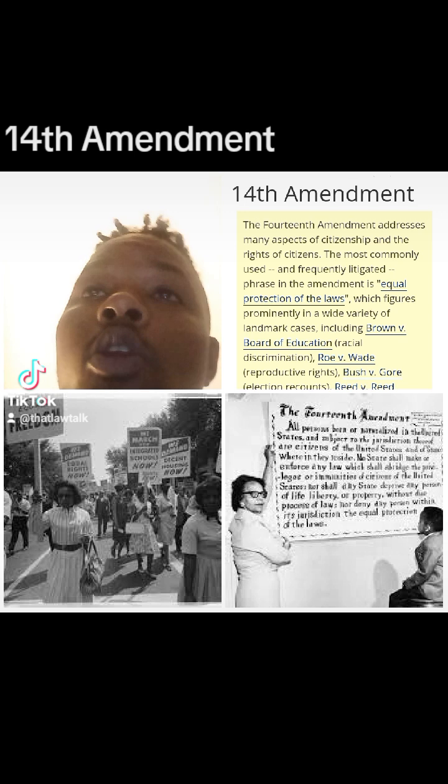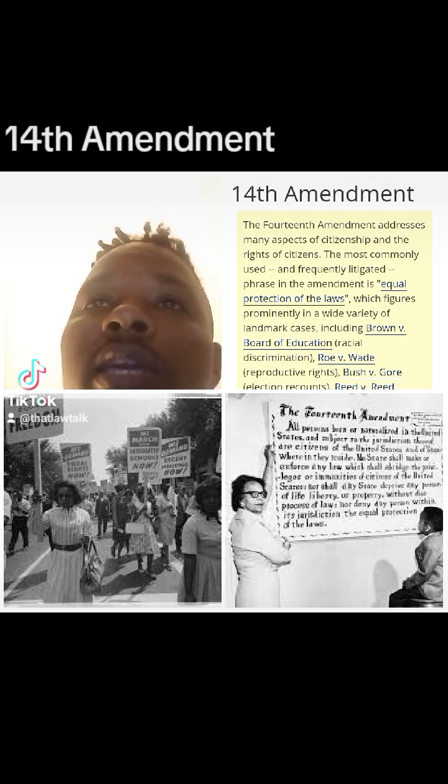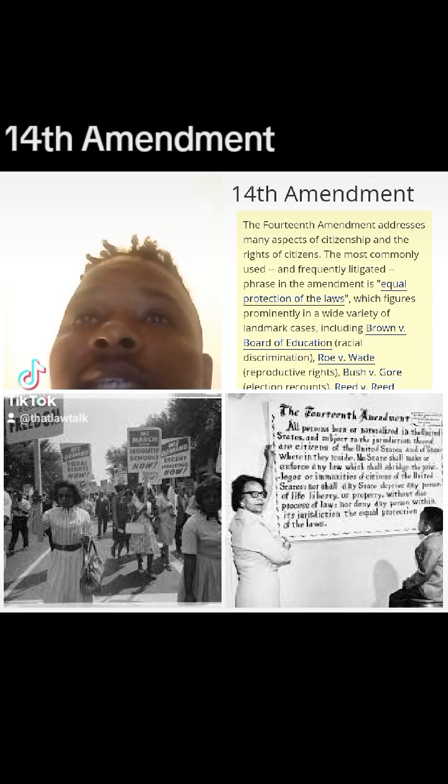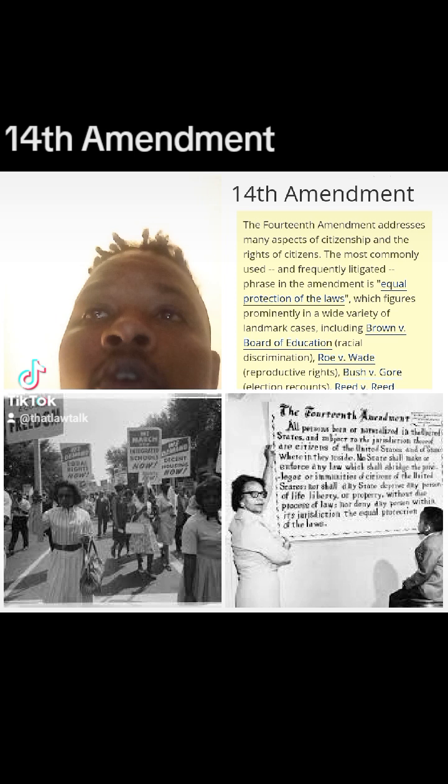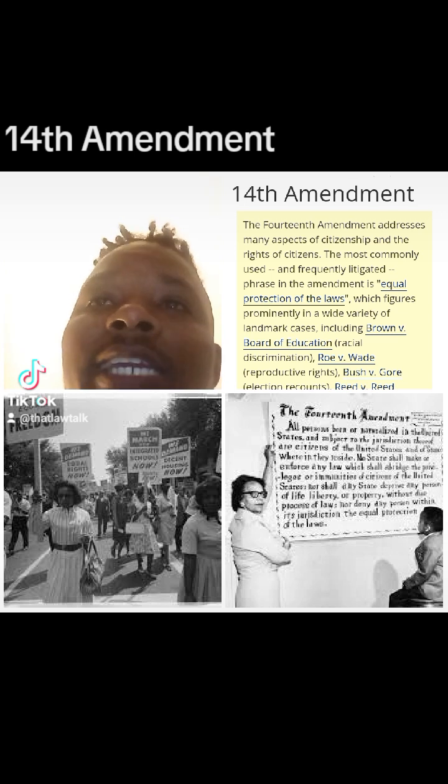Section 3. No person shall be a senator or representative in Congress or elector of president and vice president or hold any office, civil or military, under the United States or under any state, who having previously taken an oath as a member of Congress or as an officer of the United States or as a member of any state legislature or as an executive or judicial officer of any state, to support the Constitution of the United States shall have engaged in insurrection or rebellion against the same, or given aid or comfort to the enemies thereof.